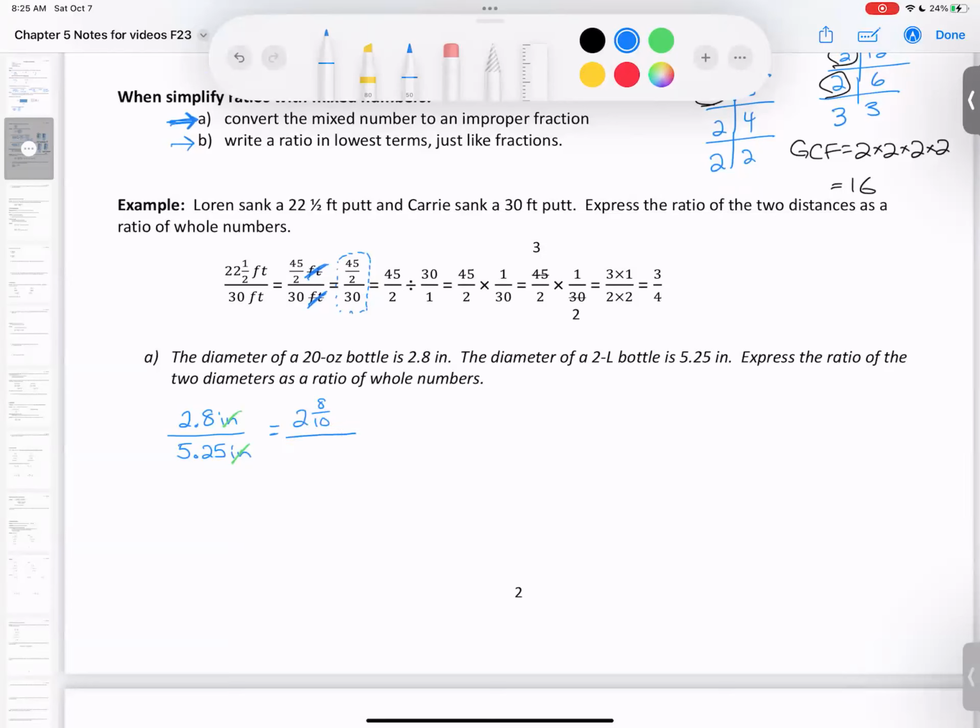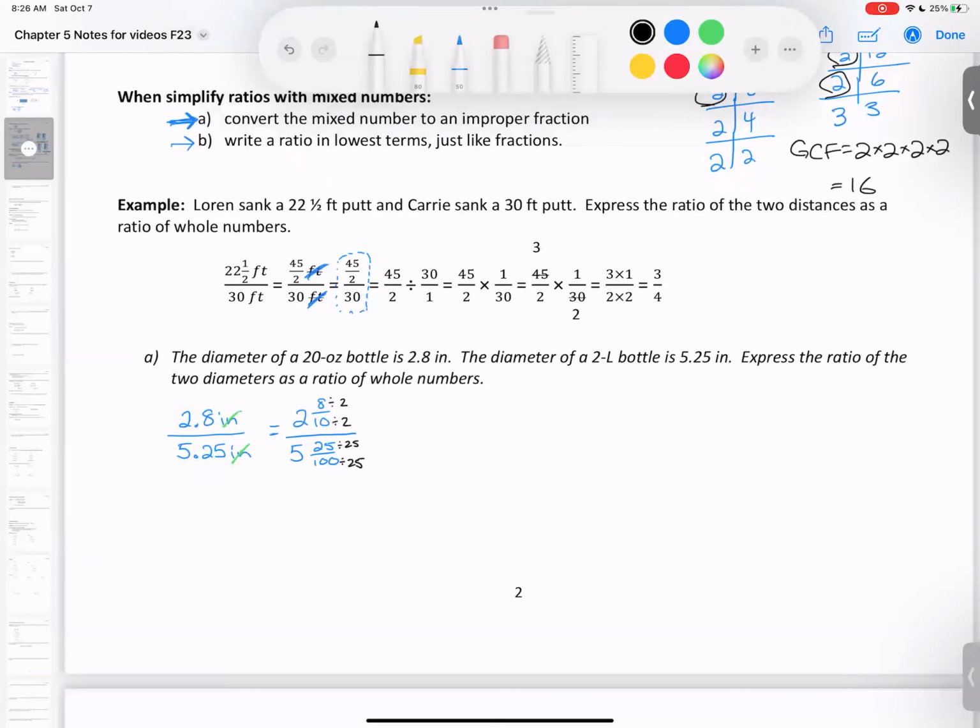Okay, now we could simplify those fractions right now, or we could simplify them later. I'm tempted to simplify them right now because I know it'll make my numbers smaller that I have to deal with. So I can see I can divide both of those fractions on top by 2, and these bottom ones I can divide by 25.